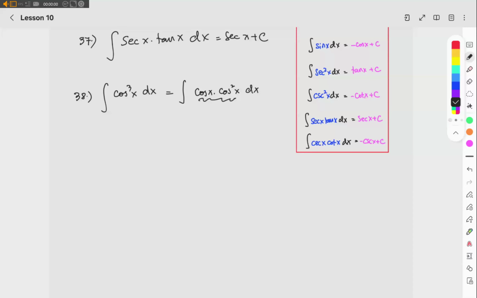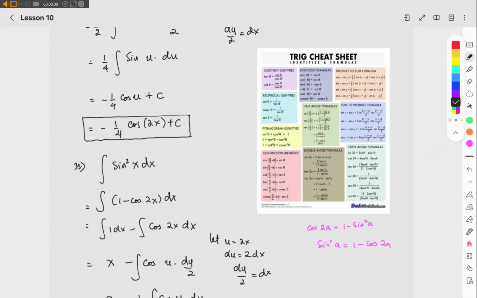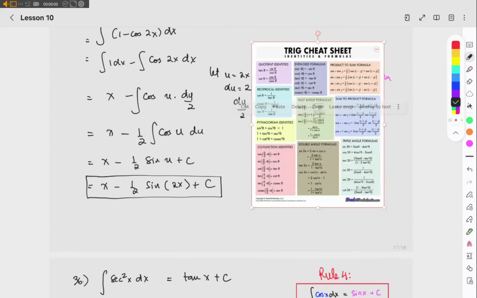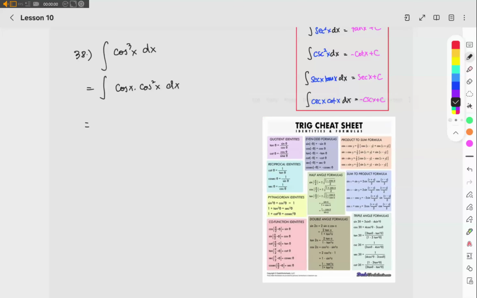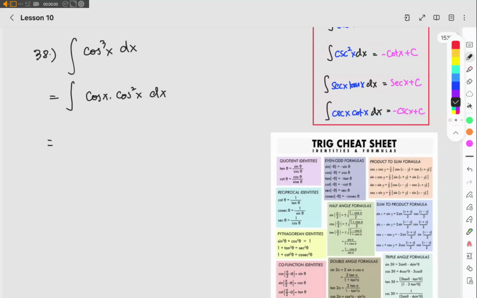Now that you know this is the same expression, let's bring it back down over here. Now you can replace using the trigonometric identities. Just always carry this with you. Using the trigonometric Pythagorean identities, sine squared plus cosine squared is equal to 1.